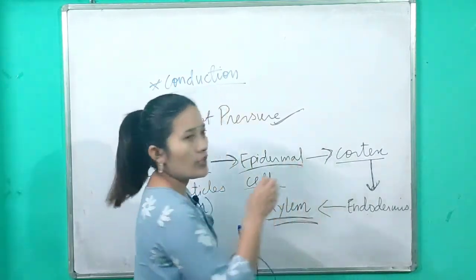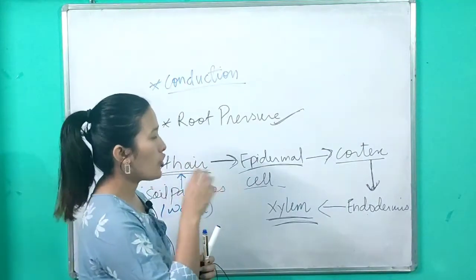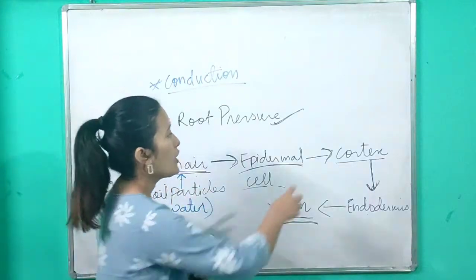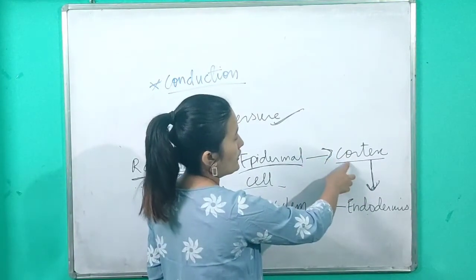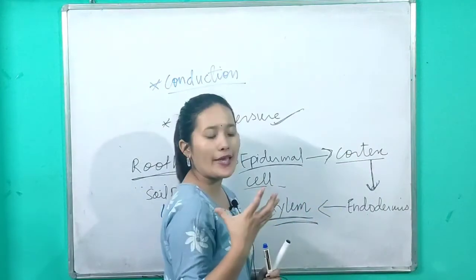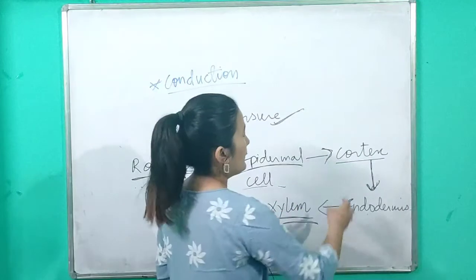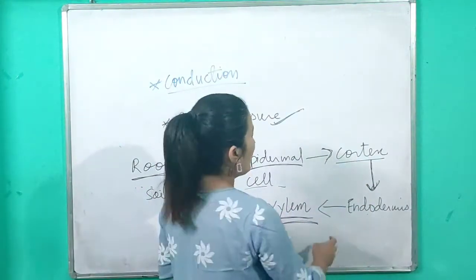So the water keeps on moving into the cortex region, in influx and outflux. Once the water reaches the cortex region, the cells of the cortex region will be extended, fully fledged or turgid. Then again through osmosis the water will move to the endodermal region, then to the xylem.